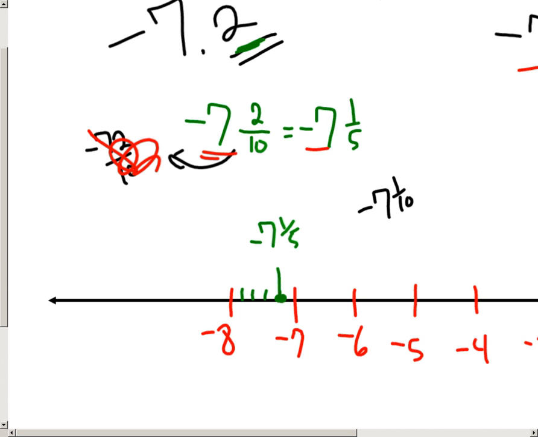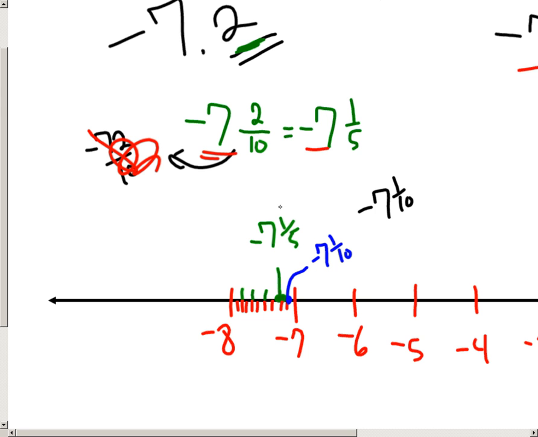Well, now this would be 1, 2, 3, 4, 5, 6, 7, 8, 9, 10. That's a whole lot of small dashes in there. But I would see that it's actually just a smidge before the negative 7 and 1/5. And there we go. There's negative 7 and 1/10, counting by the fractions.